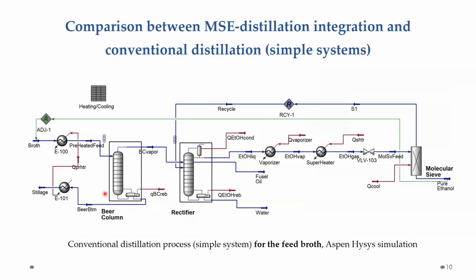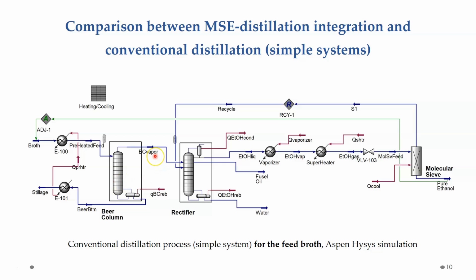Now let's compare the MSE distillation integration and the conventional distillation. Here is a simple conventional distillation process without including fermentation, carbon dioxide absorption, and recycling streams. In this process, the broth enters the beer column for pre-concentrating ethanol.